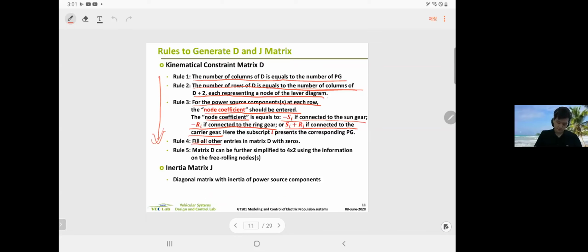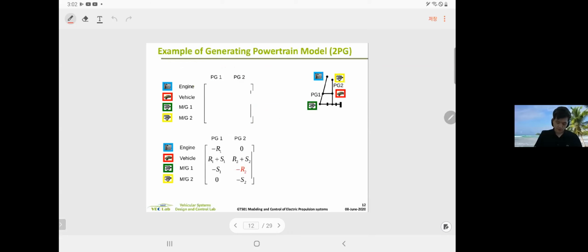And then fill all other entries with zeros, okay? So matrix D can be further simplified to 4 by 2 using the information of the free rolling nodes. So what that means is let's take a look at this example, okay? Let me see.